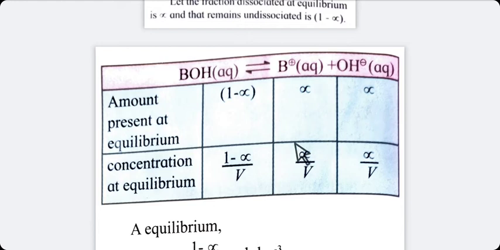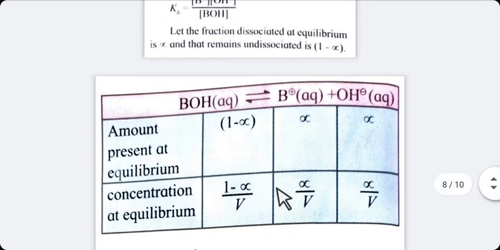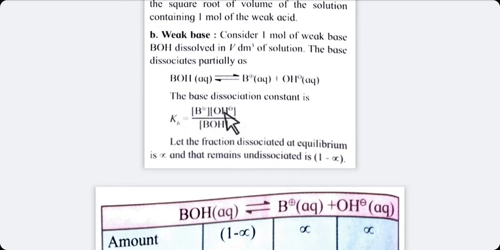Now taking these terms in concentration, n upon V, so it will become 1 minus alpha upon V. Concentration of B plus means alpha upon V, and concentration of OH minus means alpha upon V. Put these values in this formula.